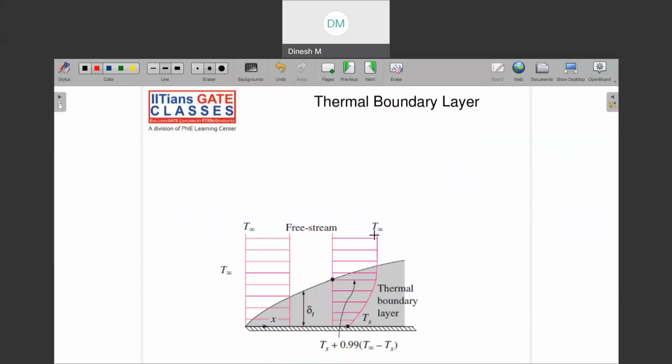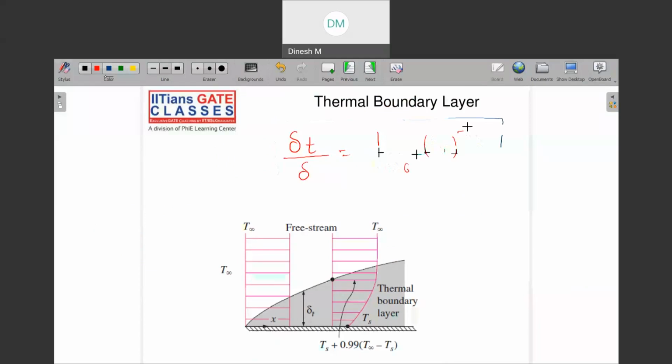There is one relationship: delta T, the thermal boundary layer thickness, divided by delta, the hydrodynamic boundary layer thickness, is equal to 1 upon 1.026 multiplied by Prandtl number to the power minus 1 by 3.